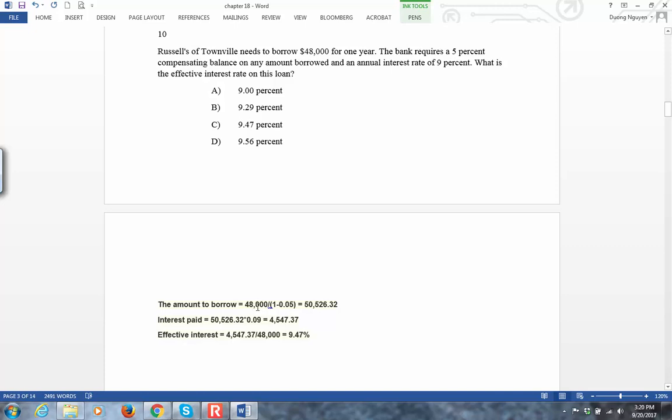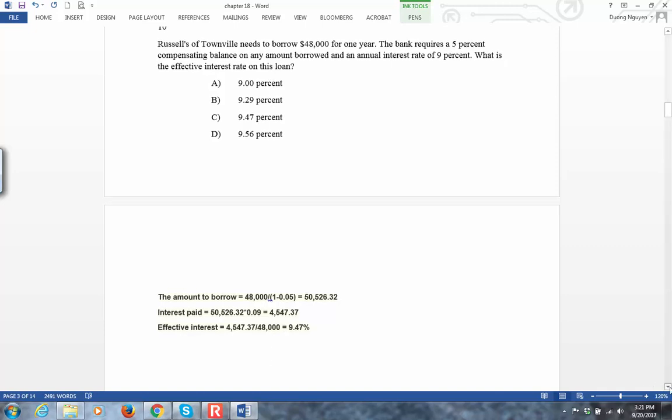So the formula is 48,000 over 1 minus 0.05 equal to 50,526.32, and the interest paid will be based on the total amount that he is borrowing. So he is borrowing 50,526 at 9% interest, so that would bring the total interest to 47.37.